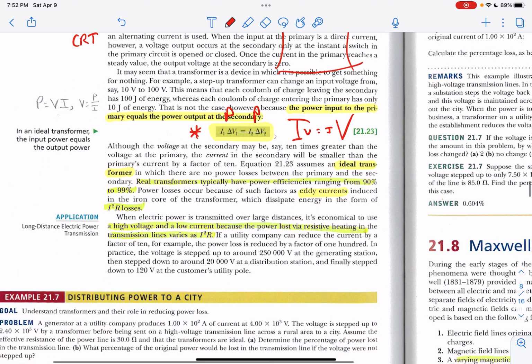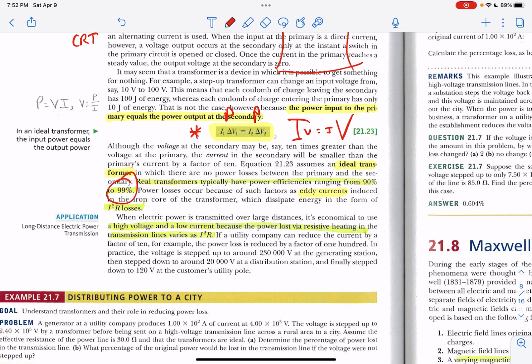Now, transformers are really, really efficient. Transformers can be upwards of 99% efficient because there are no mechanically moving parts. The only thing that's moving are these magnetic fields as they expand and collapse, inducing current in the wires.